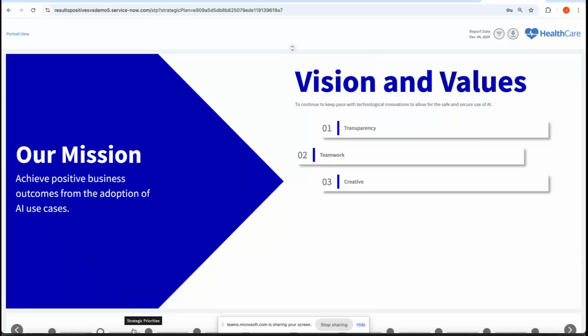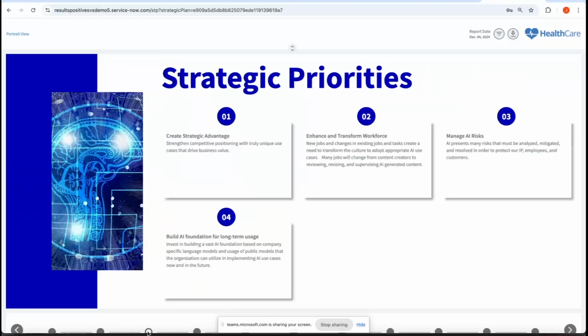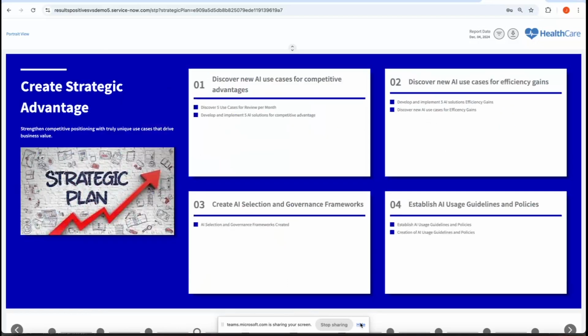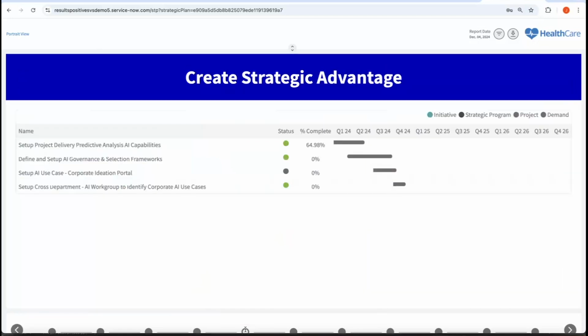So for AI, mission and vision here, what are our strategic priorities, i.e. our areas of focus that we want to have. Then we can come over here and look in each one of those areas of focus and understand what our goals are, as well as what our targets are. What do we want to accomplish currently? Then we can look at the overall progress based upon those initiatives, those demands, those projects.